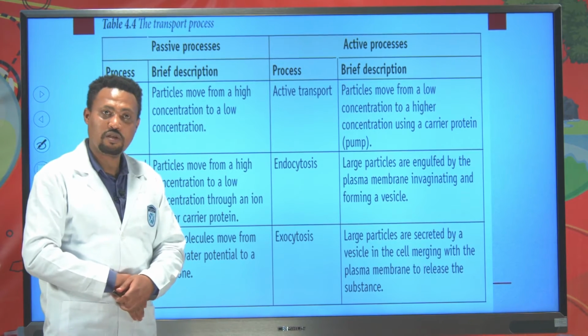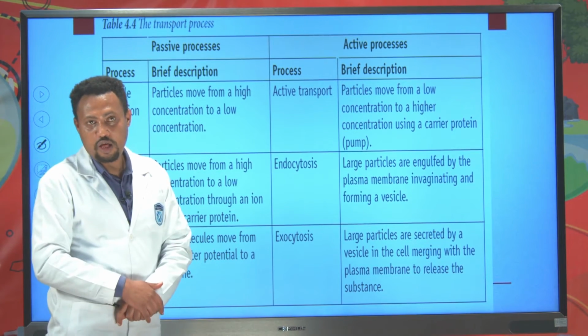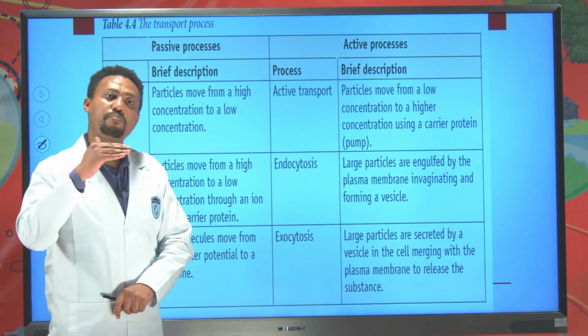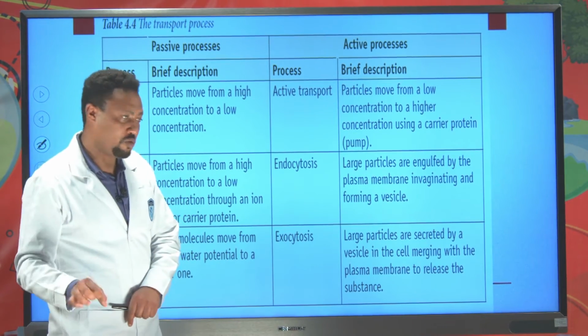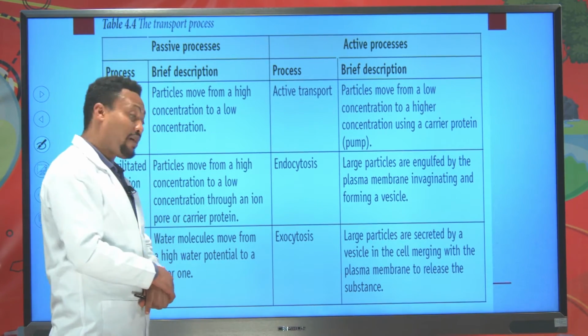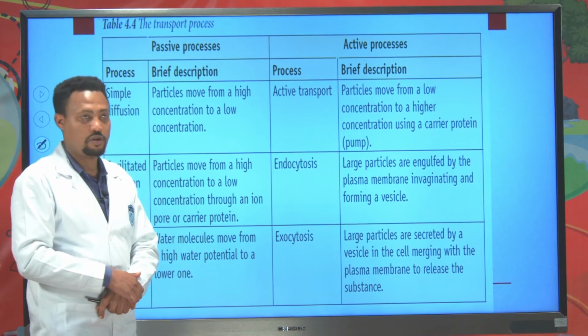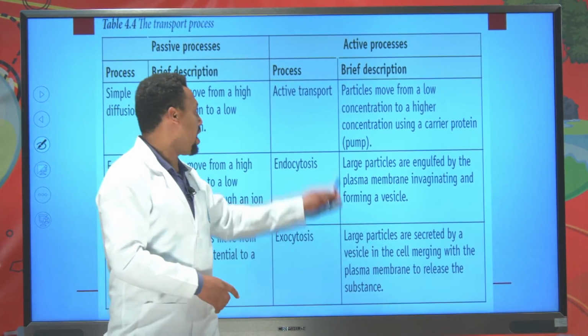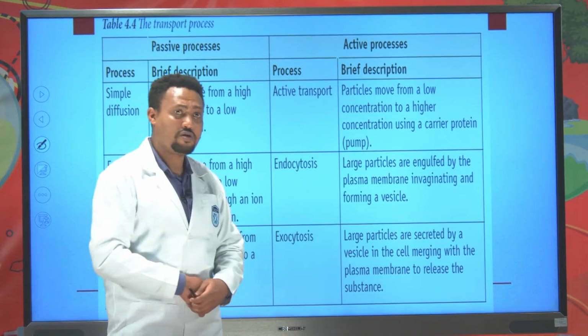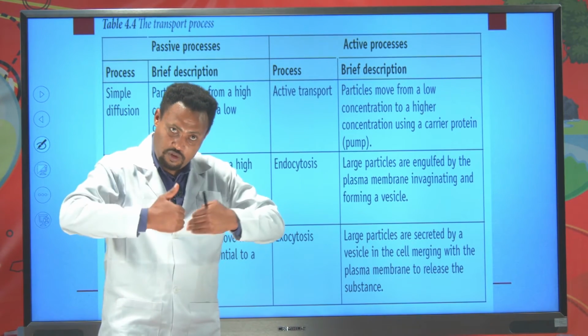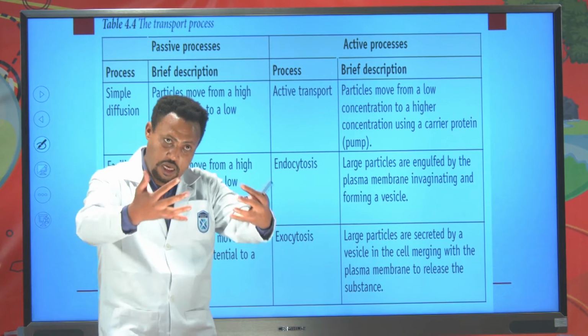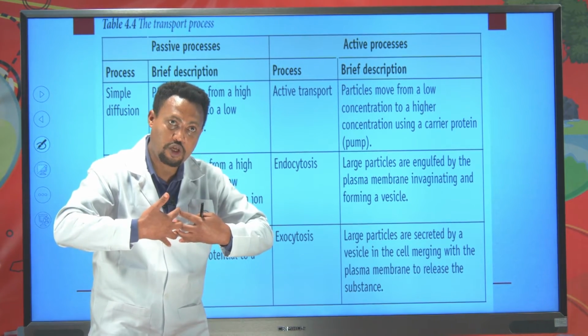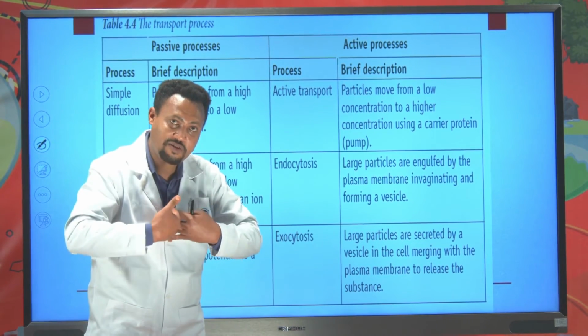Facilitated diffusion, it's a passive transport, but it is assisted by some channel proteins to allow molecules to move in and out of the cell. It can't happen without these channel proteins. In case of active processes or active transport, you might remember endocytosis. Endocytosis, when a cell takes in some molecules into the cell, into the cytoplasm.